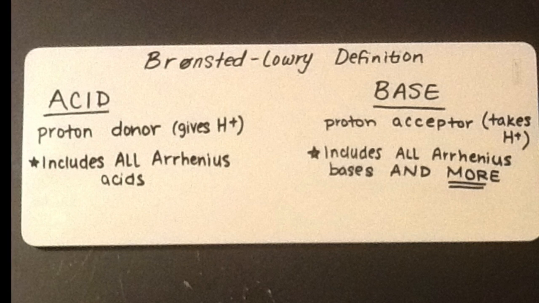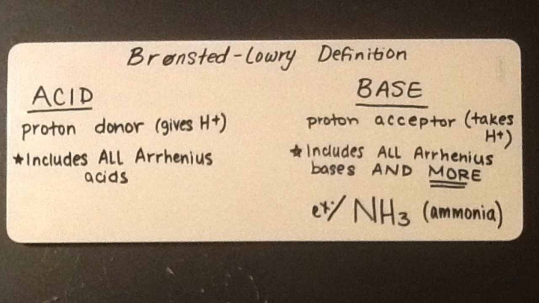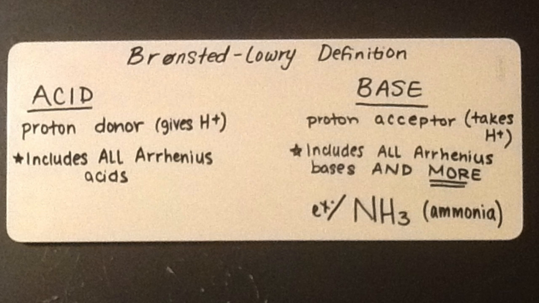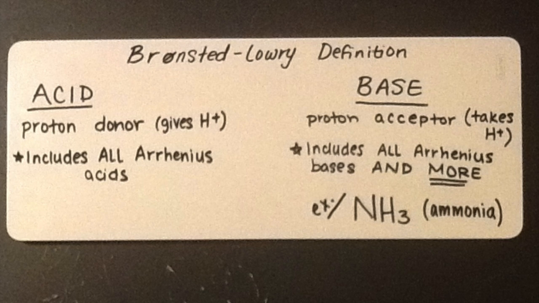One of the most famous ones, the one that spurred this new definition, is ammonia, which you tested in the lab, though maybe you don't remember it from a couple days ago before the weekend. Ammonia, just like the drain cleaner, which was NaOH, turned bright, bright pink when you tested it with phenolphthalein.